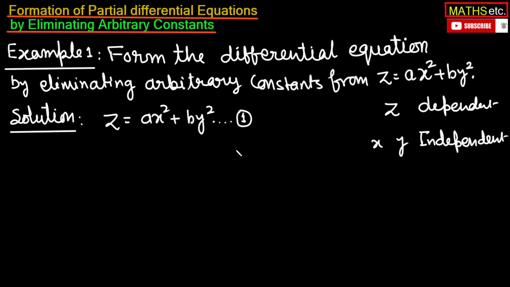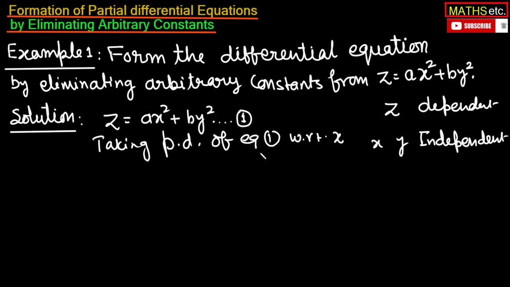So how to find the other two equations to eliminate arbitrary constants a and b? That we will take derivative of equation number one. So first of all, we take the partial derivative of equation one with respect to x.